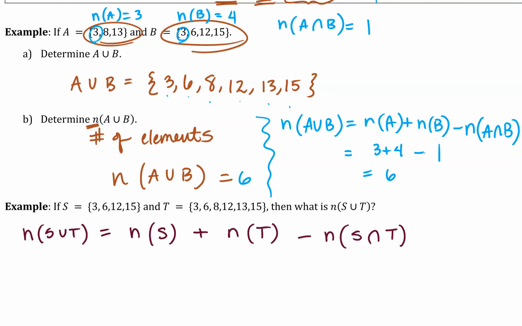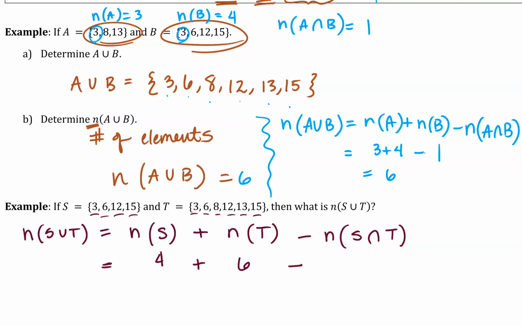Okay, so I need to find out what all these pieces are. How many elements are in S? Well, I have S right here. I have 1, 2, 3, 4. Plus, how many are in T? 2, 3, 4, 5, 6. Minus, how many do they have in common?